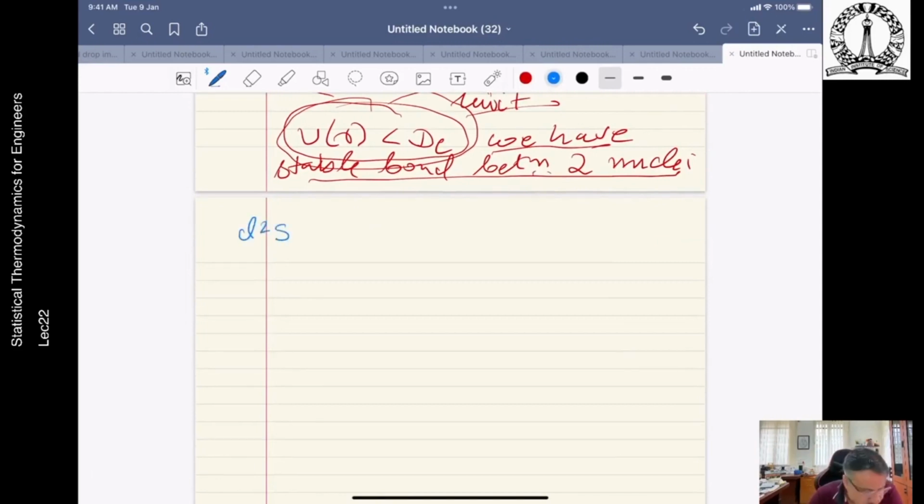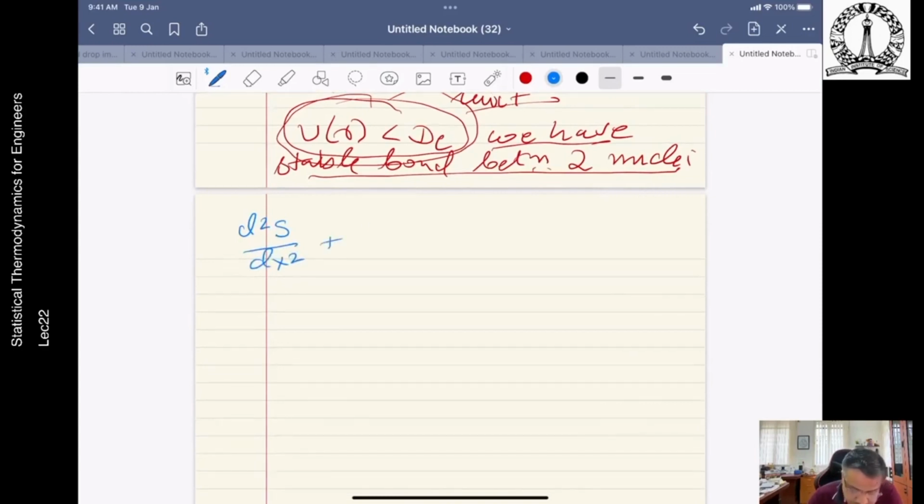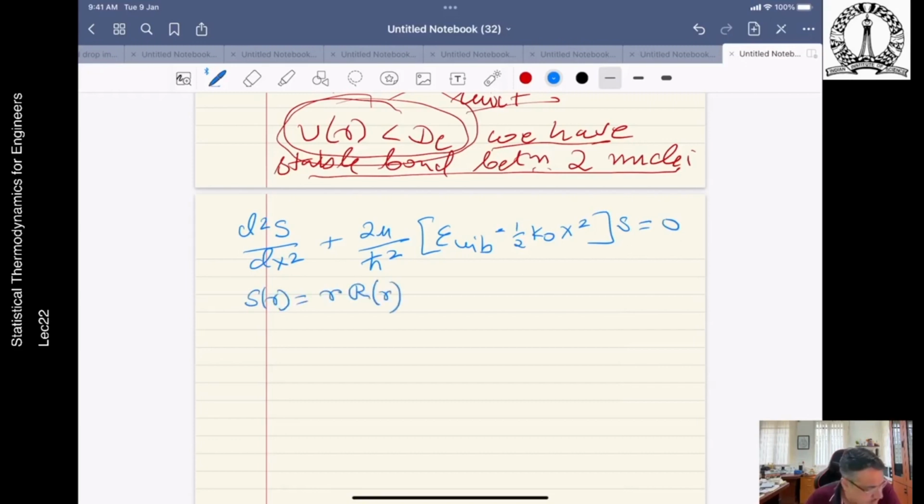So this is given as d square psi by dx square plus 2 mu by h bar square into E vibrational minus half k naught into x square into psi equal to 0, where psi is a function of R, capital R, and x is R minus Re.